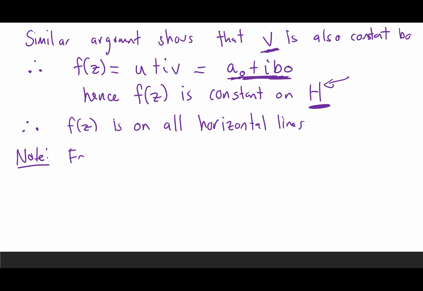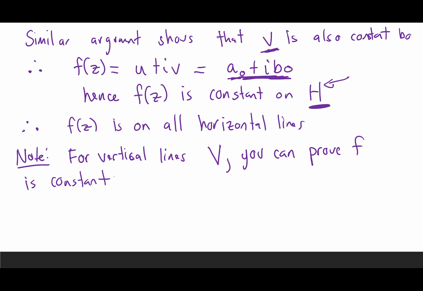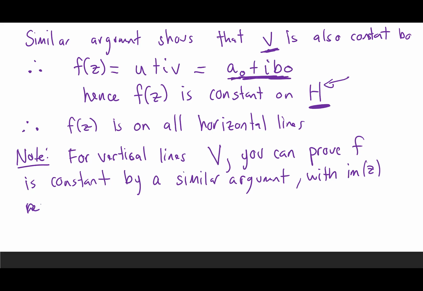So for vertical lines, which I'll denote with capital V, you can prove f is constant by a similar argument, with the imaginary part of z being replaced by the real part of z.